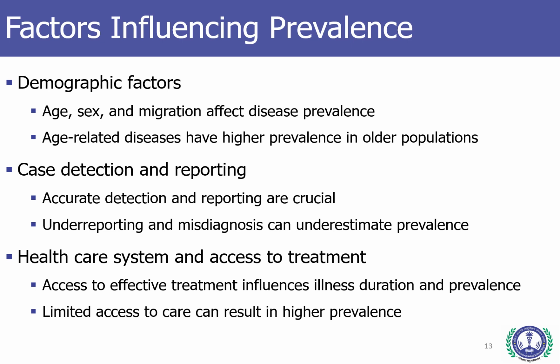The healthcare system and access to treatment also play a vital role in determining prevalence. Areas with limited access to treatment may experience higher prevalence due to longer duration of active disease and ongoing transmission. Improving access to care and treatment can help reduce prevalence of certain diseases.